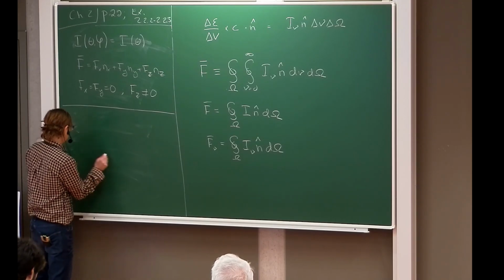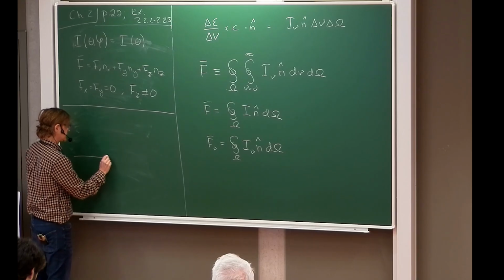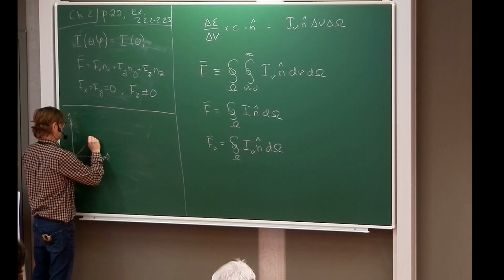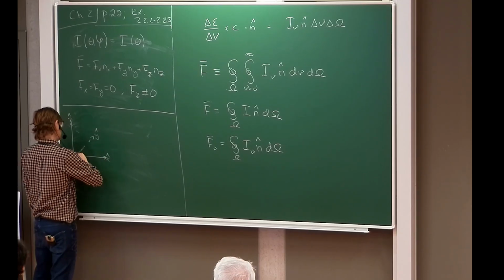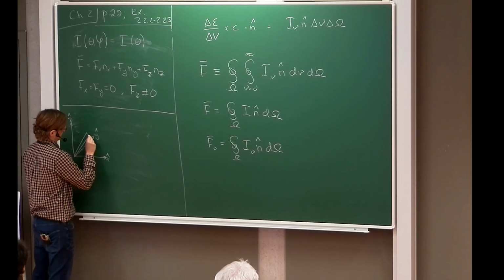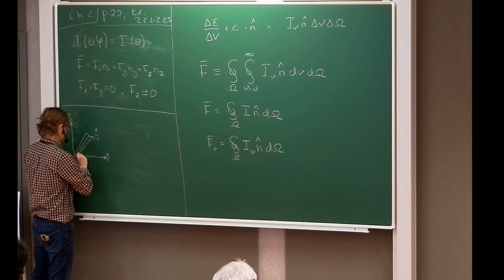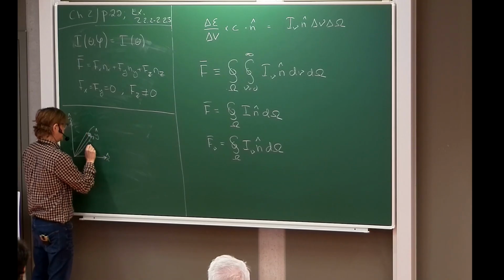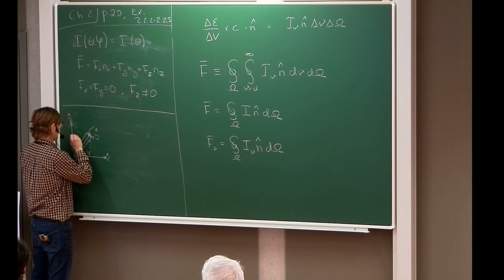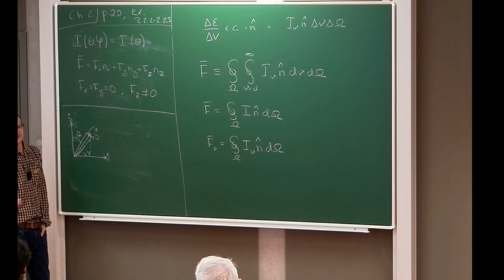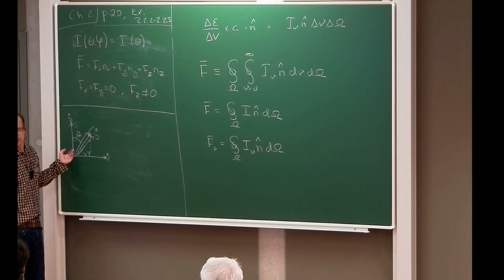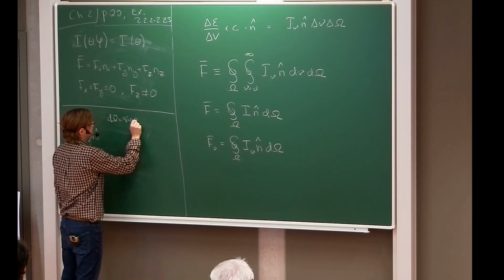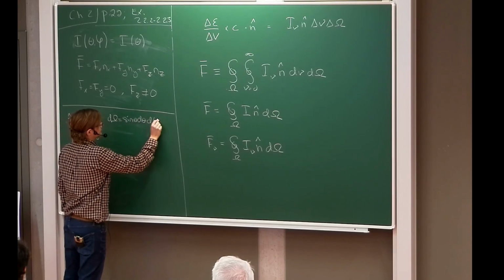Remember, we set up our standard coordinate system like this. We had the solid angle here, the phi angle here, and the polar angle theta there, okay? And then we set up the solid angle from there as sine theta d theta d phi.